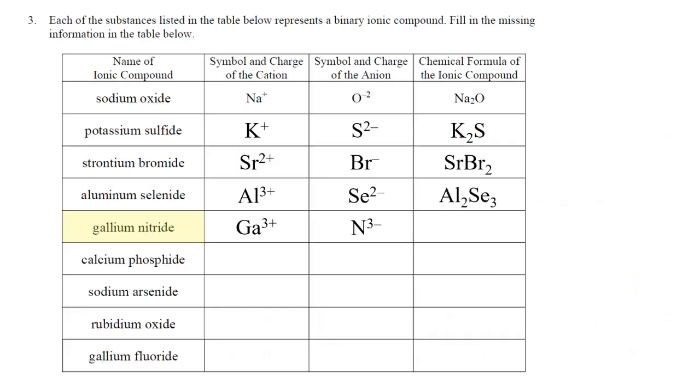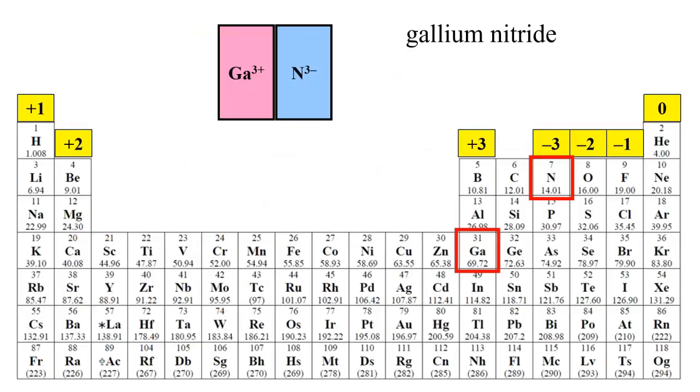-3. Well, now you can realize that unlike the examples with sodium oxide, potassium sulfide, strontium bromide, and aluminum selenide, in which we had to combine them in a proper ratio to make sure that the charges are balanced, these charges are already balanced.